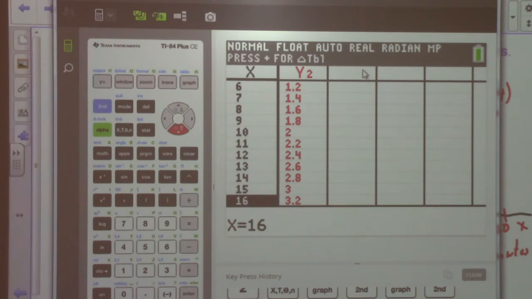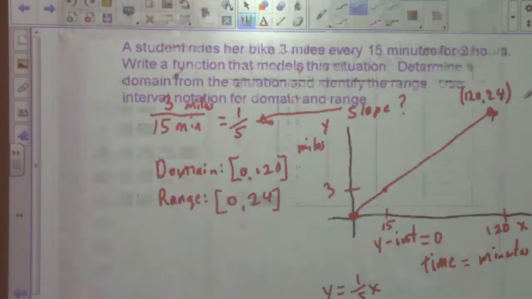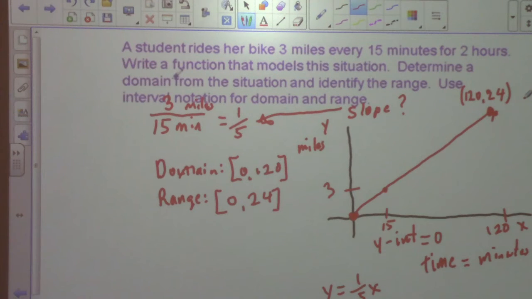I want to tell you that I really didn't come into this class with a preconceived notion. I just kind of went where the class took me. But second period actually ended up with the equation y equals 12x. That's what they got.